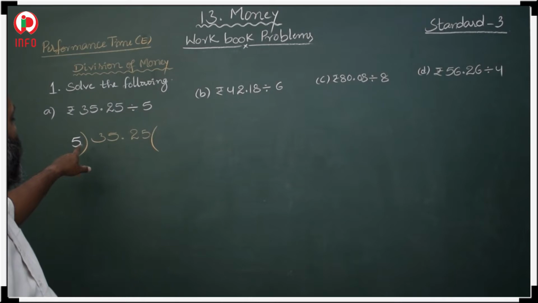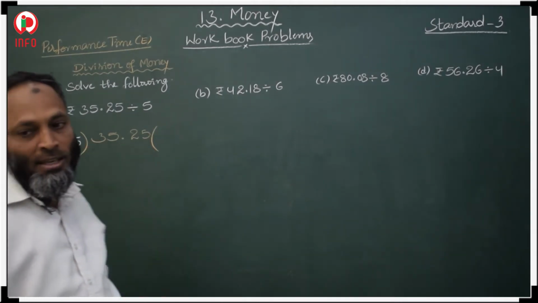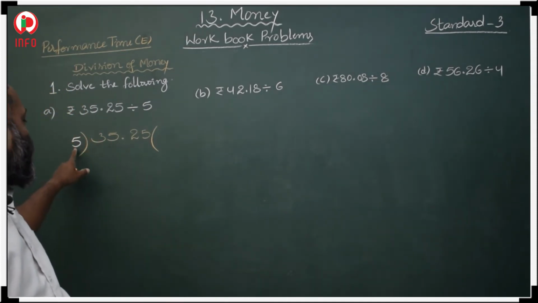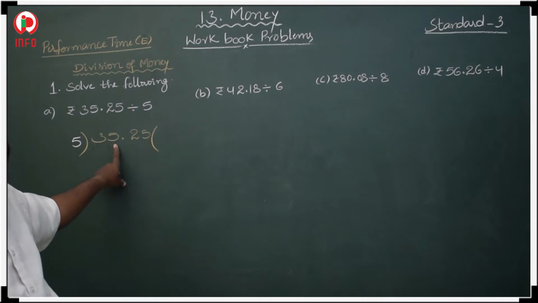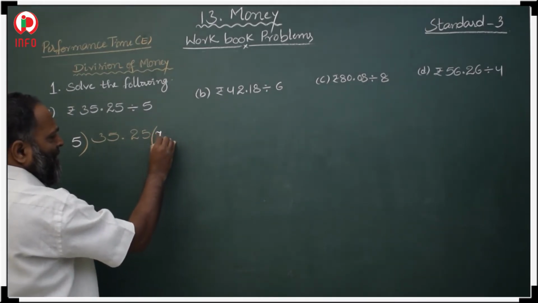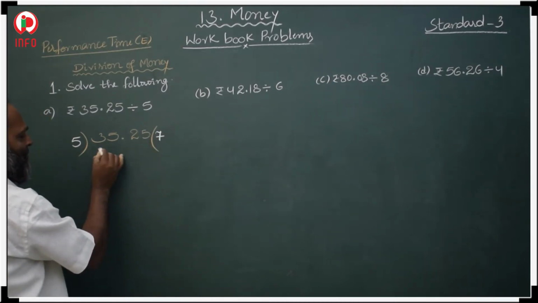First, in 5 table, when will you get this 3? So, 3 is less. So, we should take 35 at a time. In 5 table, when will you get 35? 5 6s are 30, 5 7s are 35.